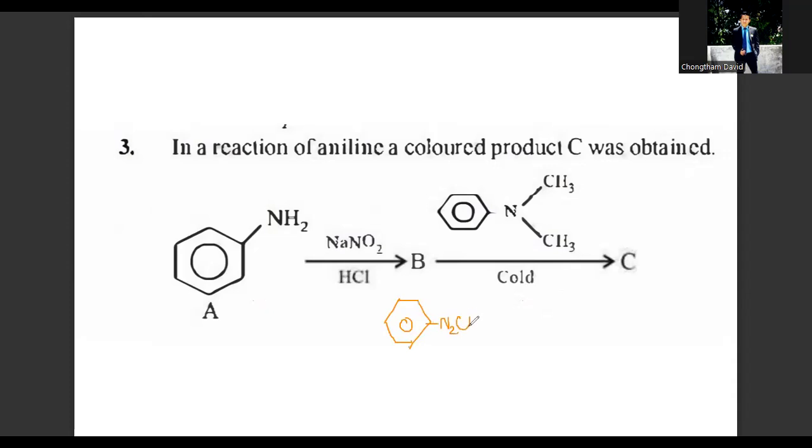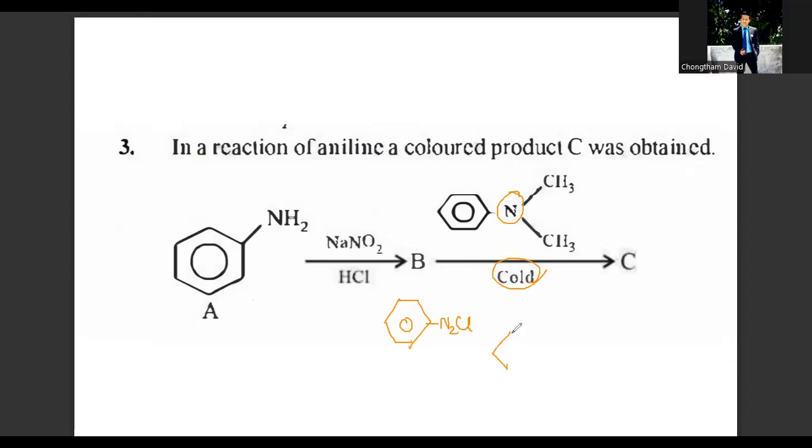This will give benzene diazonium chloride, and after treatment with this N,N-dimethyl aniline, in the cold condition, it will give your para product.